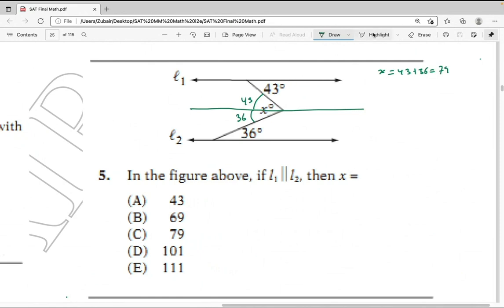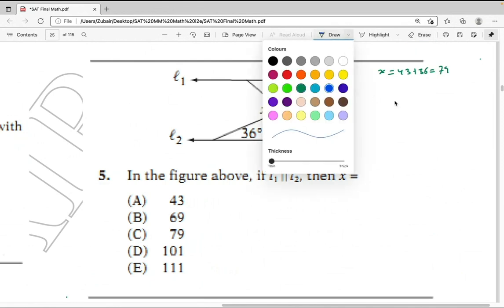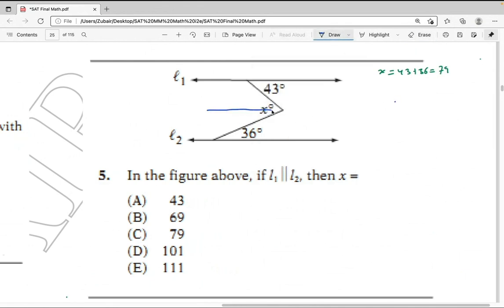Sir, I created a quadrilateral and I saw, I was doing the same thing, but then I realized you could just do the Z pair method and just add both of them. Second approach. If I draw this parallel line again, this is 36 and this needs to be the other part of 180. So 180 minus 36 is giving me 144, and this side 180 minus 43 gives me 137.